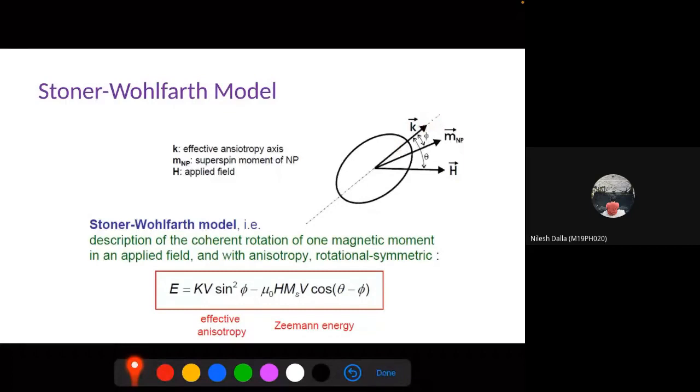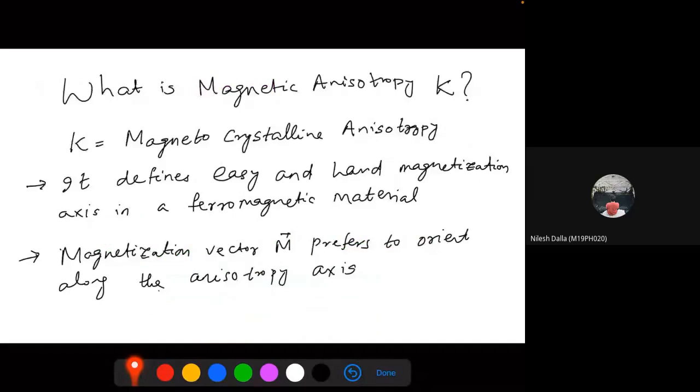So what is this anisotropy? Normally it is called magnetocrystalline anisotropy, also known as crystalline anisotropy.